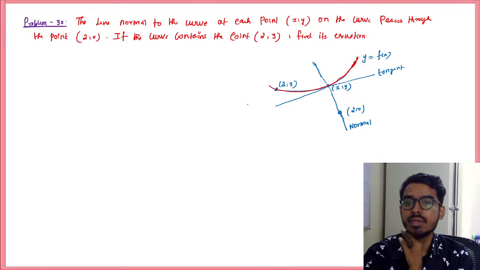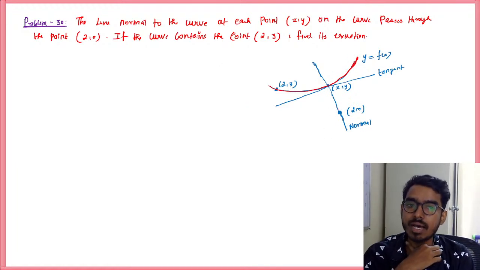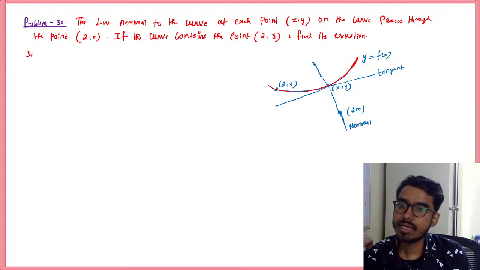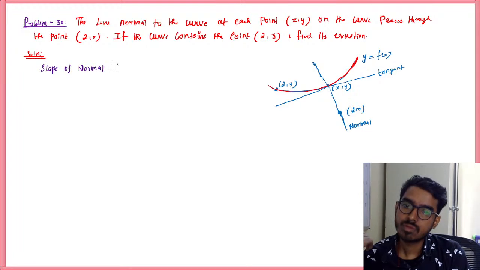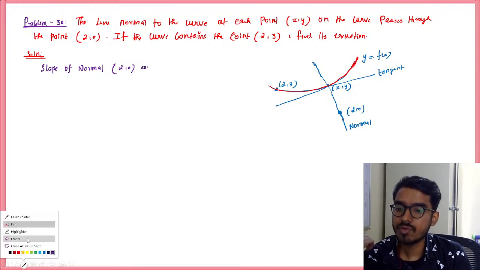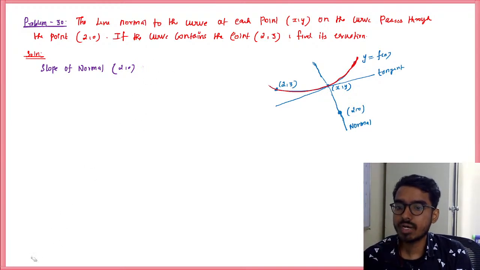Now, what is the slope of normal? So we know 2 points in the line, right? One is 2 comma 0 and the other is x comma y. What is the slope?